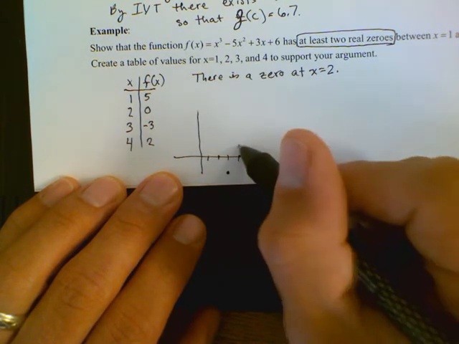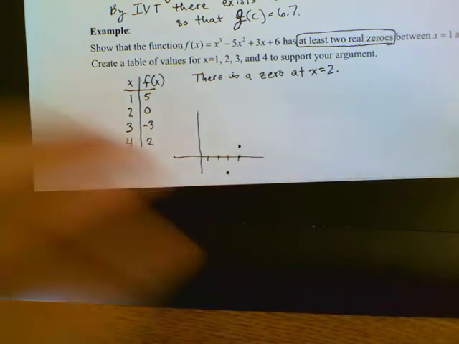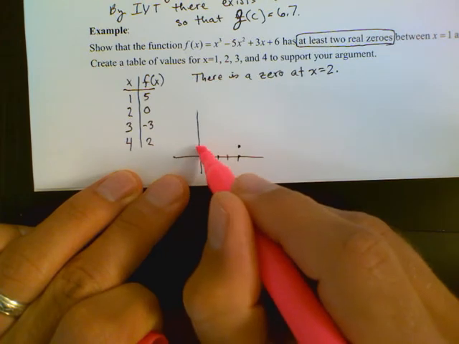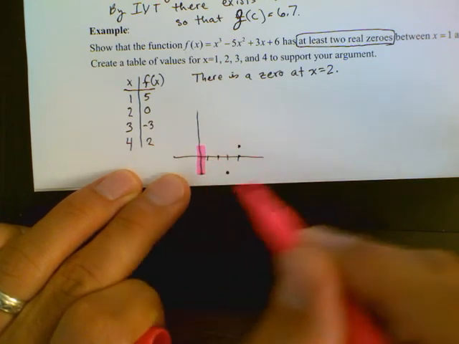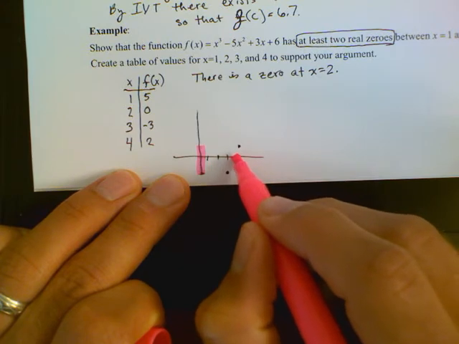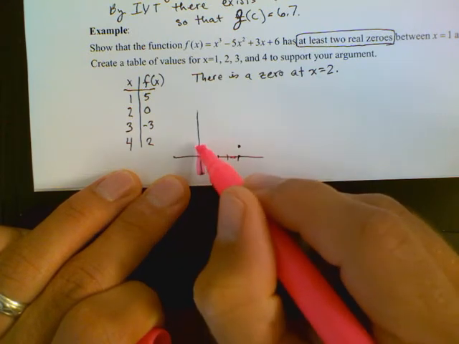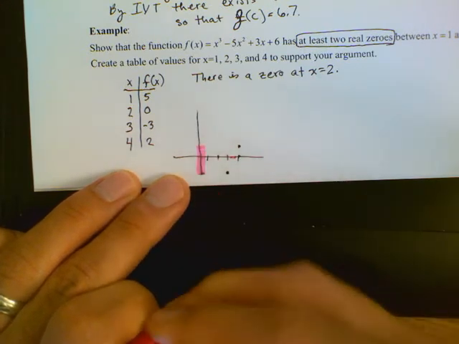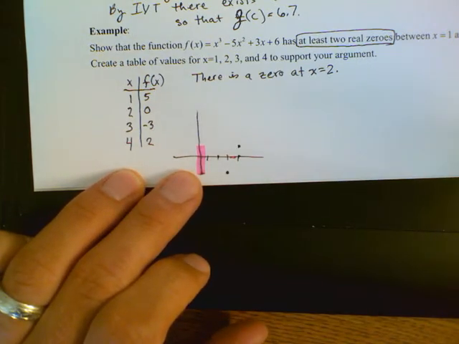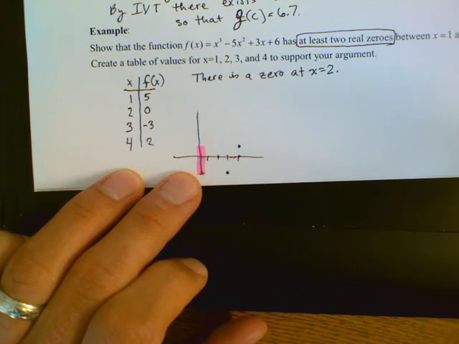So I know that there must exist some x equals c on this little interval so that my output is between those two. So my output has to be 0 in this case, not just on that range.